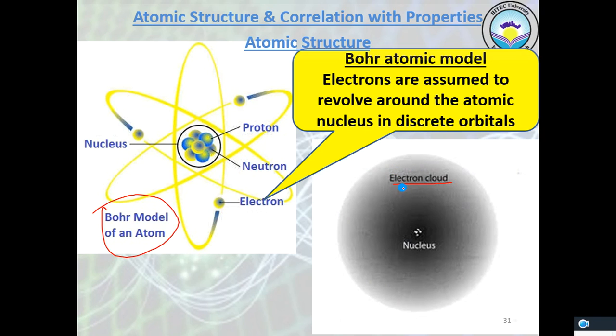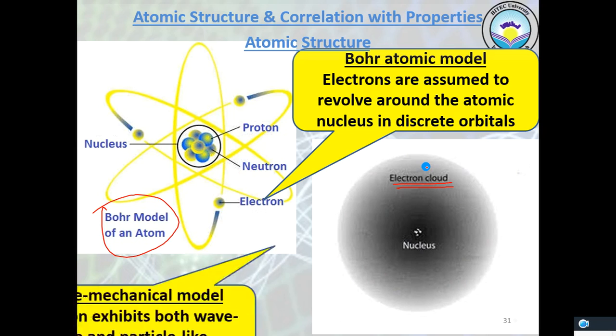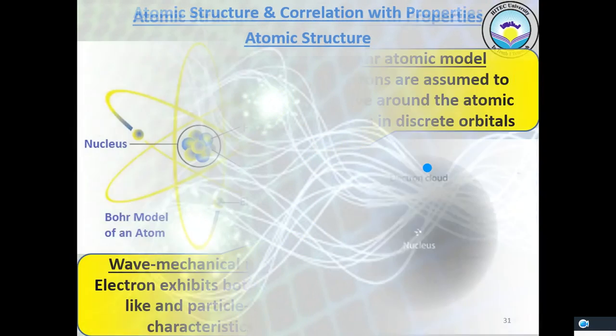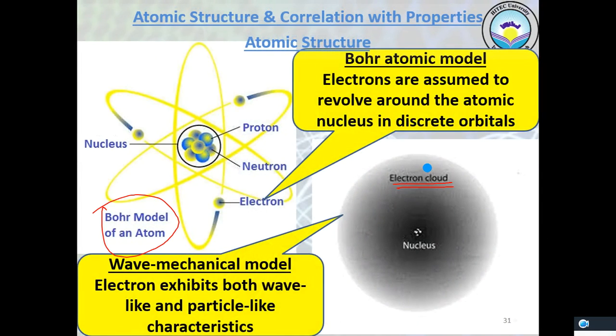The probability of finding electrons was described by the quantum numbers. What was the wave mechanical model? In the wave mechanical model, the electron exhibits both wave-like and particle-like characteristics. So the probability of finding an electron will be different in the wave model and the Bohr model.